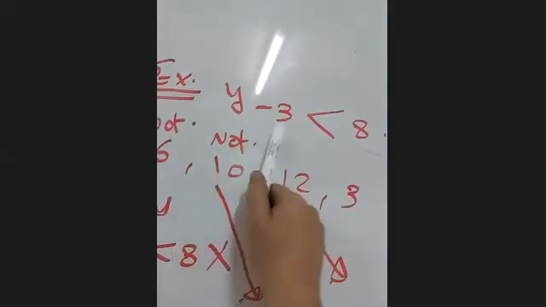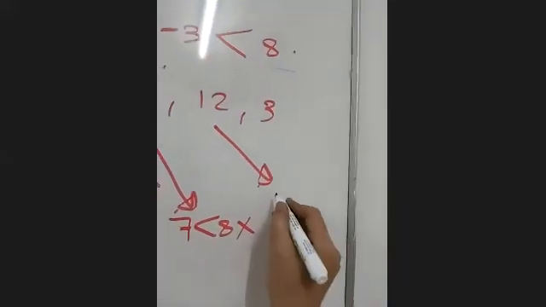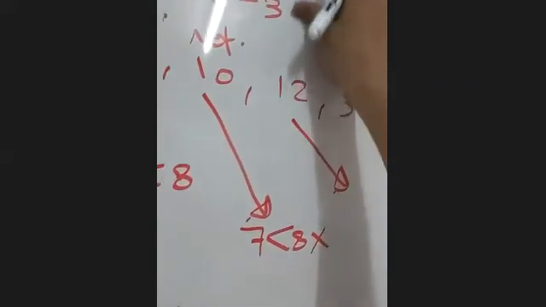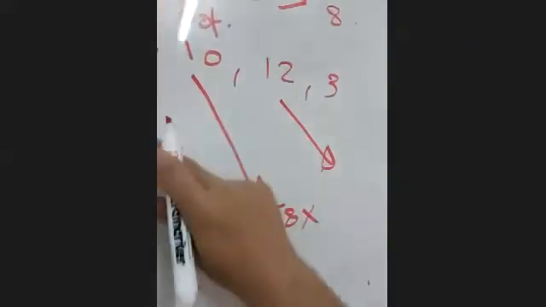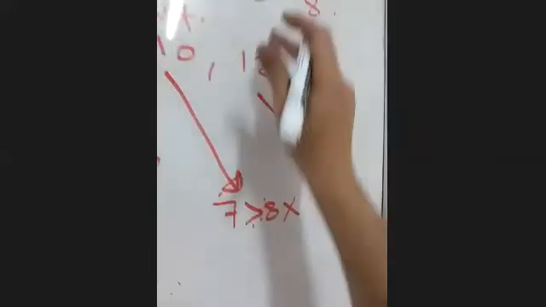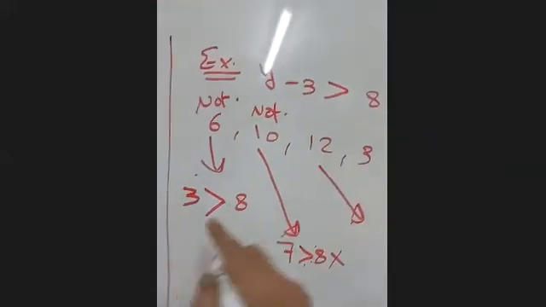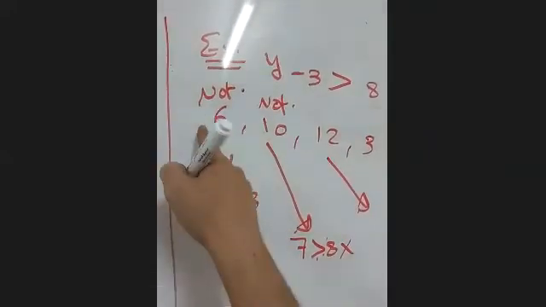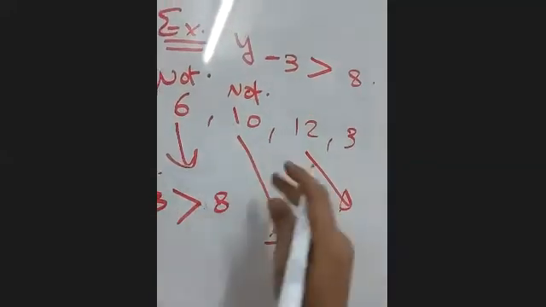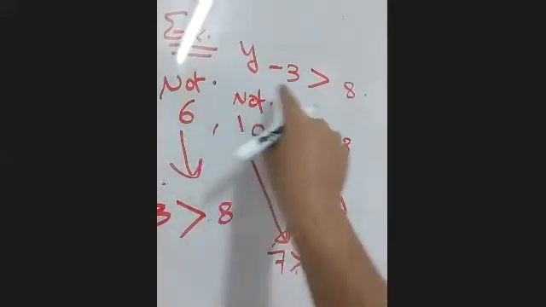12 minus 3 is 9. Sorry guys, this should be more than. I'm sorry. More than. Okay. 3 is not more than 8, so it's not a solution. 7 is not more than 8, so it's not a solution. Now let's check the 12. 12 minus 3, guys.